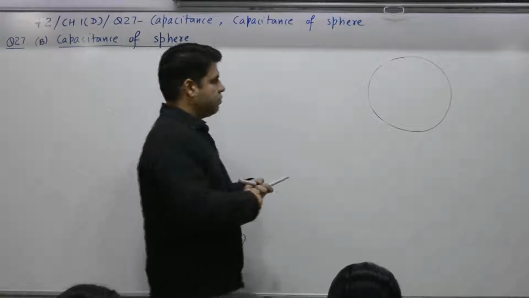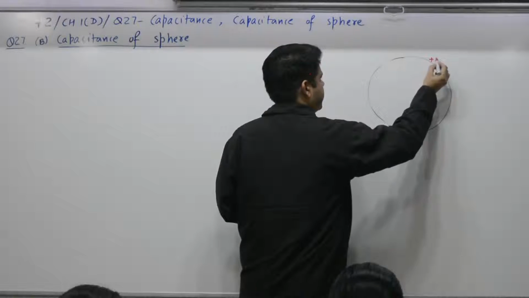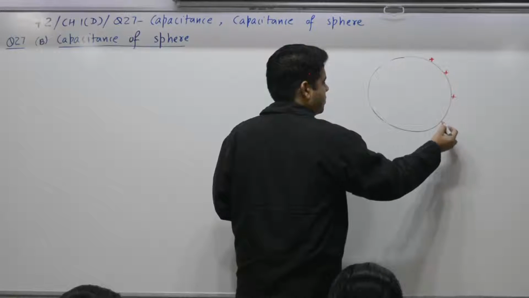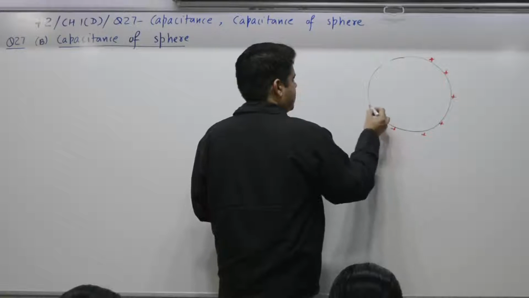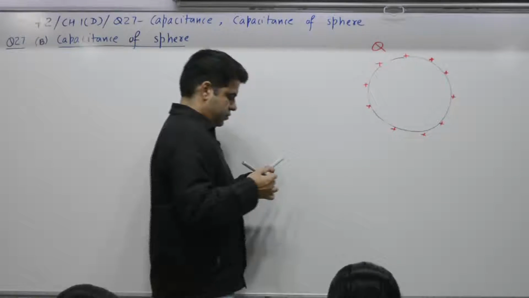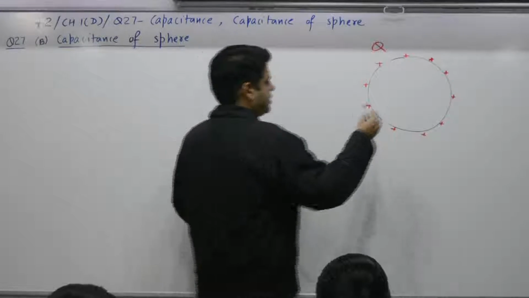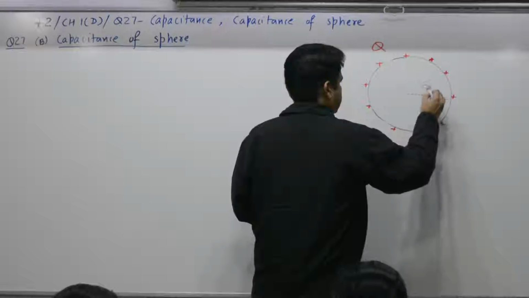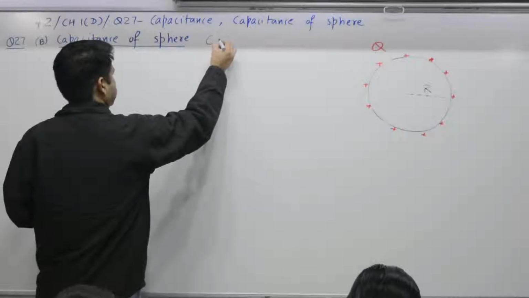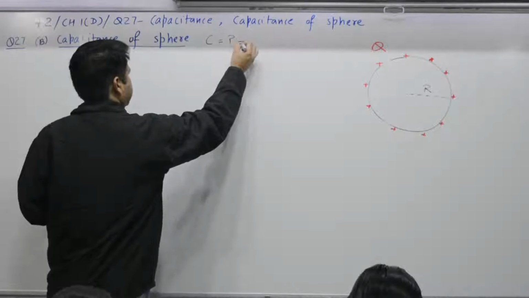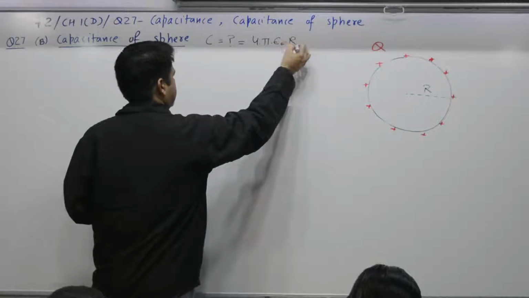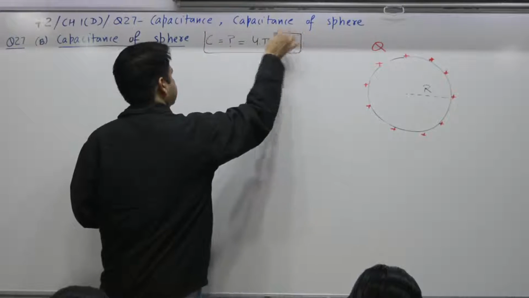If you put some charge on it, the potential rises. Suppose you have a charge Q, and the radius of the sphere is R. We want to find the capacitance of the sphere, and we want to prove it is equal to 4 pi epsilon R. This is the objective.